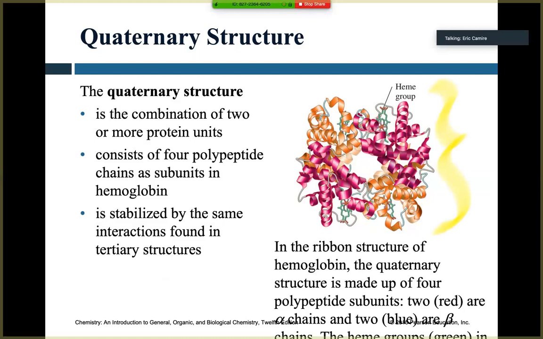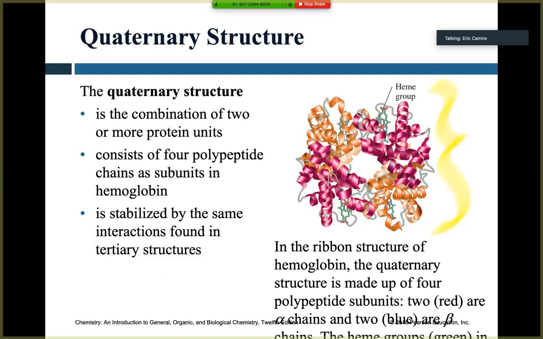They stabilize each other and they interact with each other. As one molecule of oxygen binds to one subunit, it makes it easier to bind to the second. Those two make it even easier to bind to the third, and then even easier to bind to the fourth. So they actually work together.